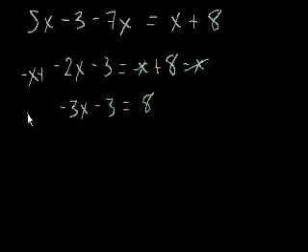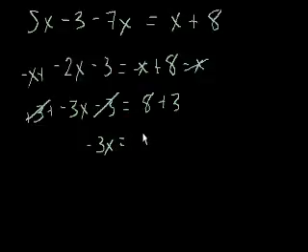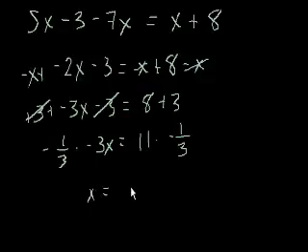Now we can just add 3 to both sides to get rid of that constant term. 3 on the left-hand side, these two 3's will cancel out, and you get minus 3x is equal to 11. Now you just multiply both sides by negative 1/3. And once again, this is just the same thing as dividing both sides by negative 3. And you get x equals negative 11 over 3.